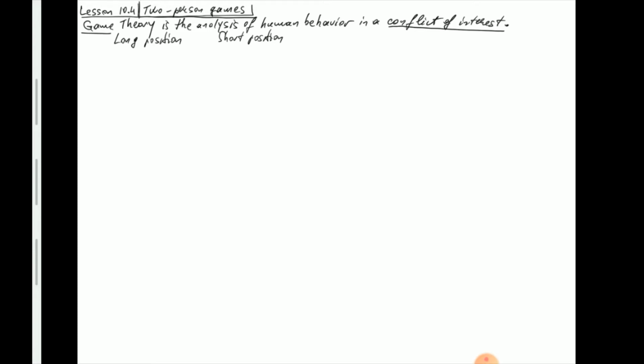So in that case, you can think in terms of some sort of opposite payoffs with whether the market is up or down, right? If you have a long position and the market is up, that's going to be a profit. If you have a short position and the market is up, you have a loss. So the movement of the market either gives you a profit or a loss depending on whether you have a long position or a short position.